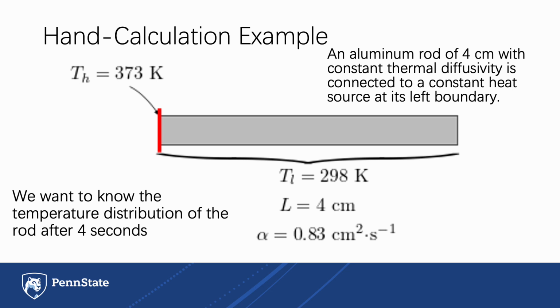For example, if we have an aluminum rod of 4 centimeters with a constant thermal diffusivity, this could be described by the one-dimensional diffusion equation, in which one side has a constant temperature boundary at 373 Kelvin, and the whole aluminum rod is at T low, which is almost 300 Kelvin, and we want to know the distribution of the temperature after 4 seconds.